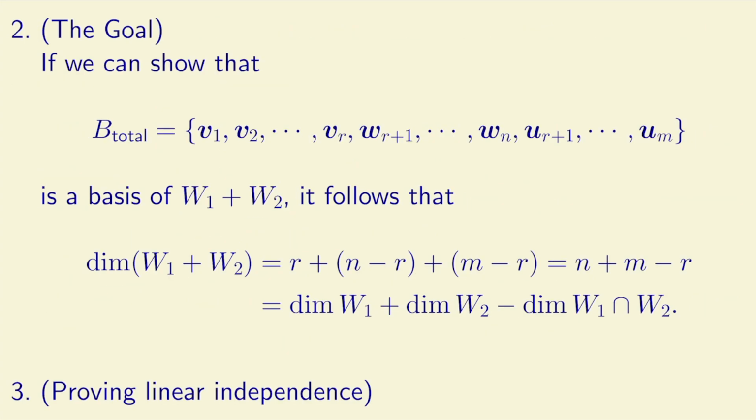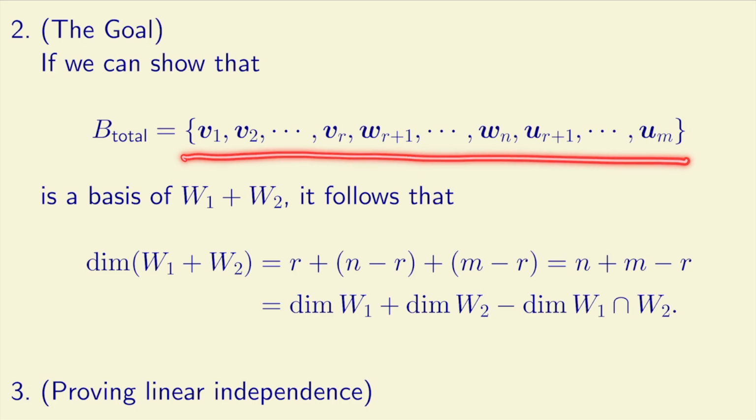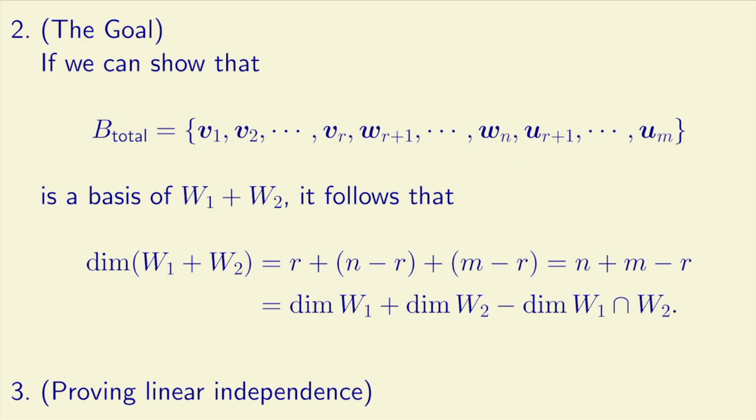And step 2, we set the goal. If we can show that B total, the set defined by the vectors from V1 to Vr, Wr plus 1 to Wn, and Ur plus 1 to Um, is a basis of the sum W1 plus W2, then it follows that the dimension of this sum is given by this.